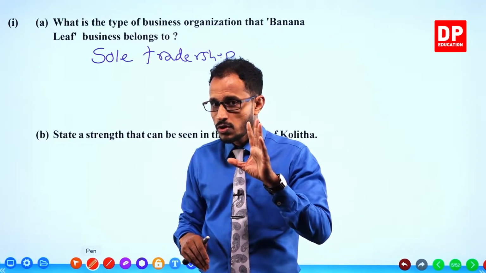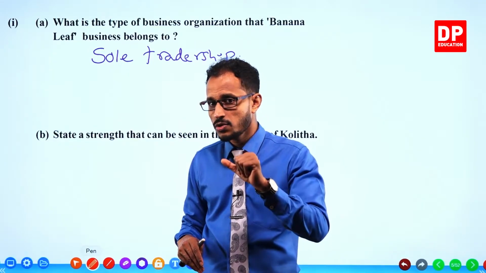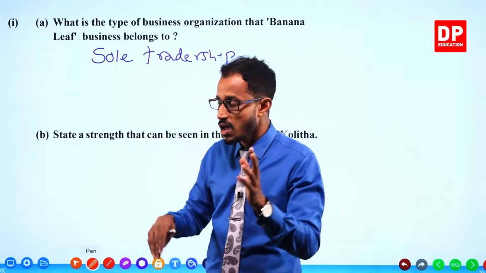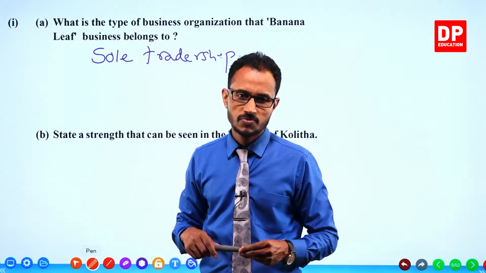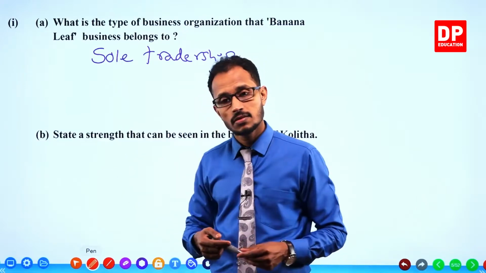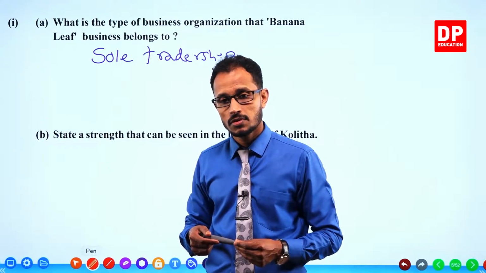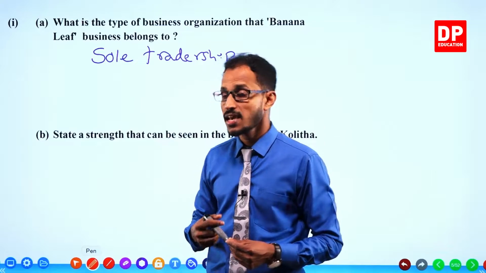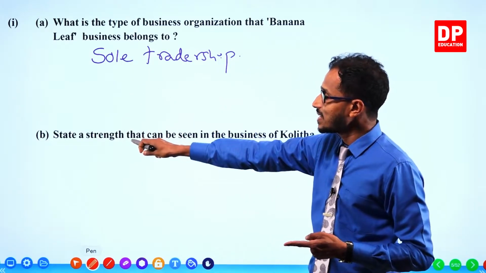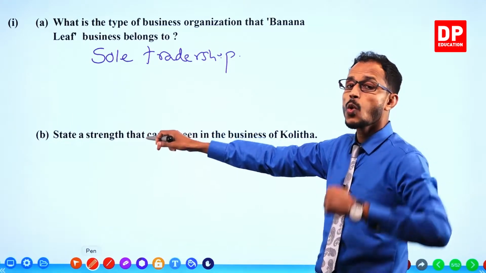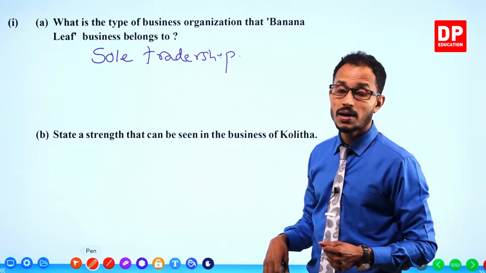It's up to you to figure out about which business they are asking from the question. The first question is asking about banana leaf business, but the second question is asking about Kolita, the planters business.